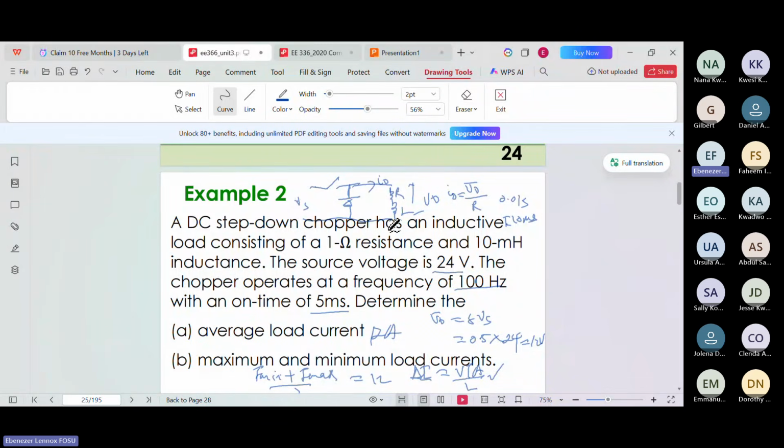So when you get this value, you get I max minus I min equal to that value. How do we calculate the voltage-time area?